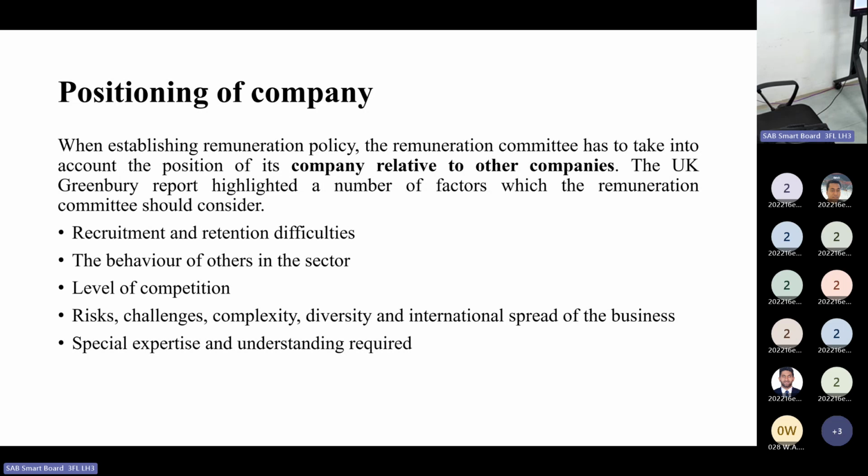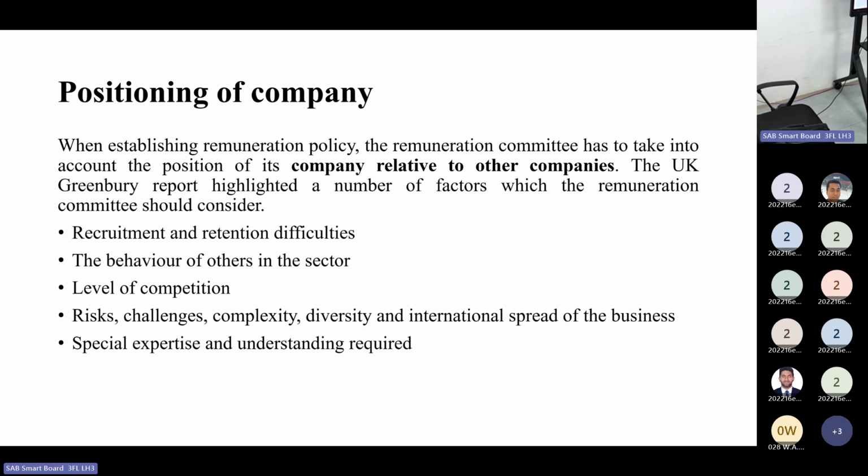Then risk, challenges, complexity, diversity, and international spread of the business. In our business, we need to understand what are the risks, challenges, complexity, diversity, and international spread. Then you have to look at special expertise and understanding which we require to our board. Right? So looking at these things compared to your competitors is helpful for you to decide what sort of a package you are going to give.